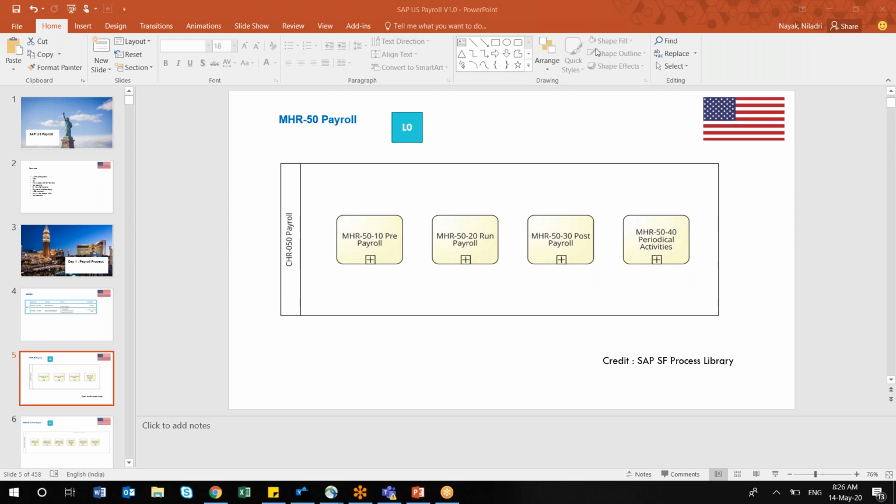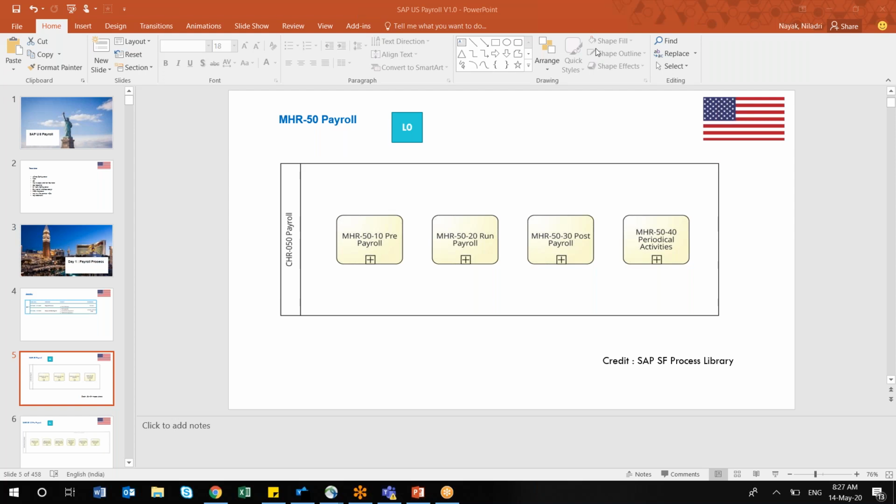You have to check and ensure all those validations, policies, processes. I'm connecting a little bit with EC payroll so that you can relate it. As you have already studied EC payroll, I will be connecting the dots between your US payroll and the EC payroll, so that it will be helpful for you.